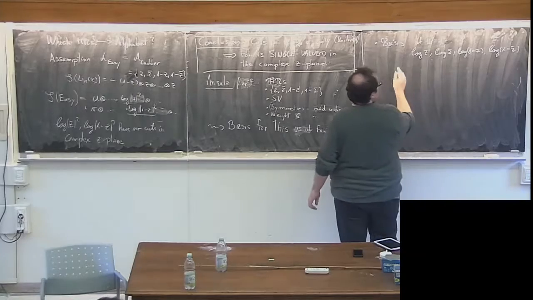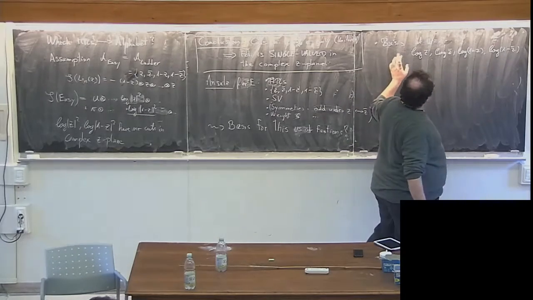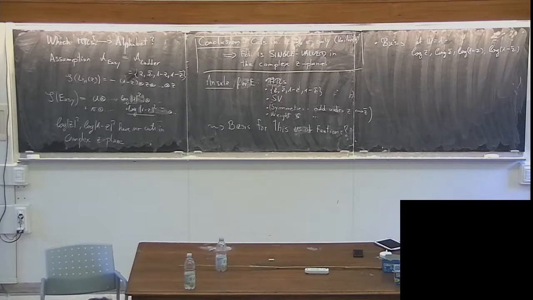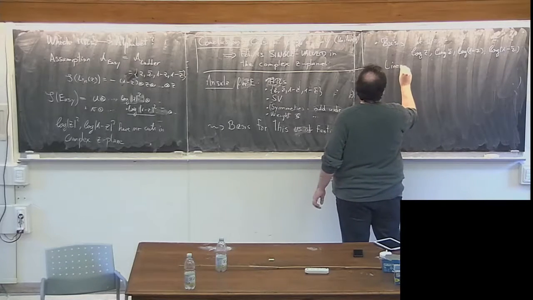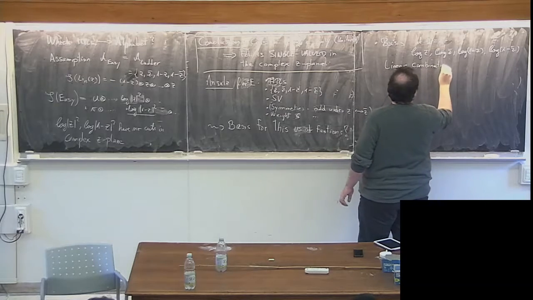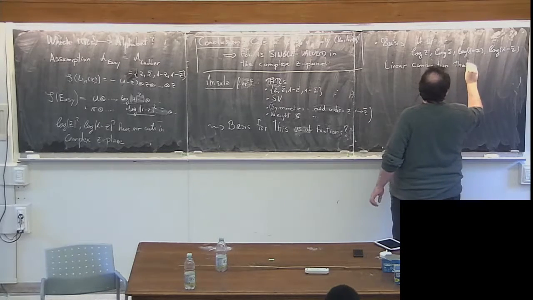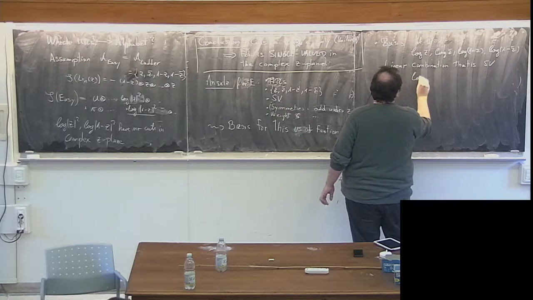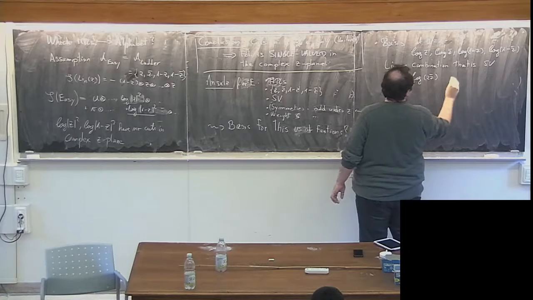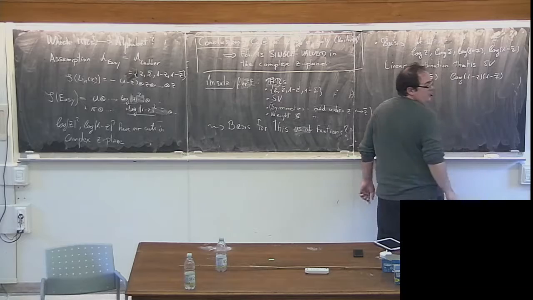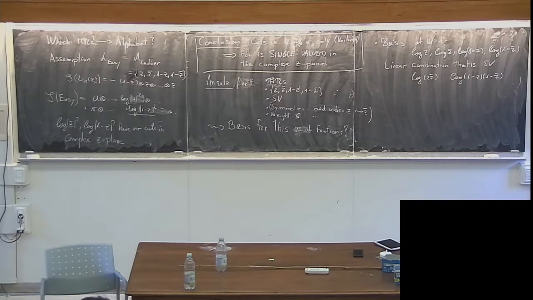And now you can ask, if I take a linear combination of those, what would be the linear combination that is single valued? You can easily check it's a linear combination of the type log z times z bar and log 1 minus z times 1 minus z bar. Those are the ones that will be single valued.